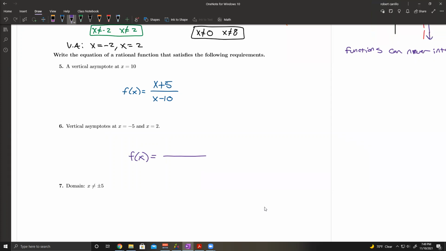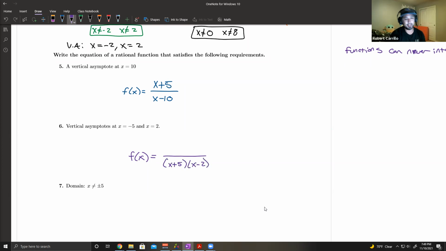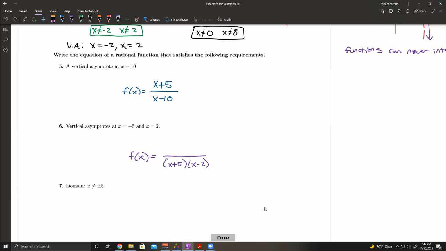X plus 5 and x minus 2. There you go. And whatever we want in the numerator. How about just x? Doesn't matter, right?